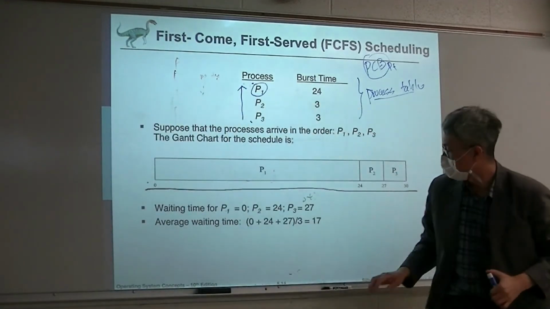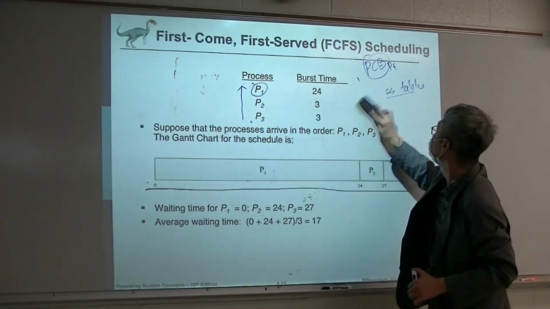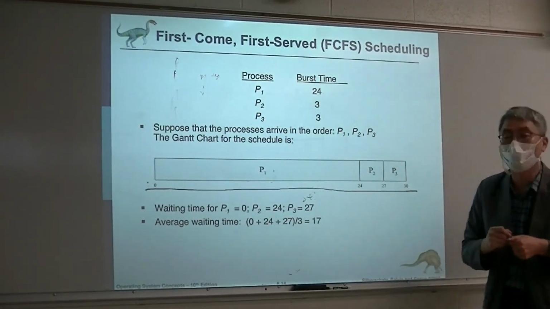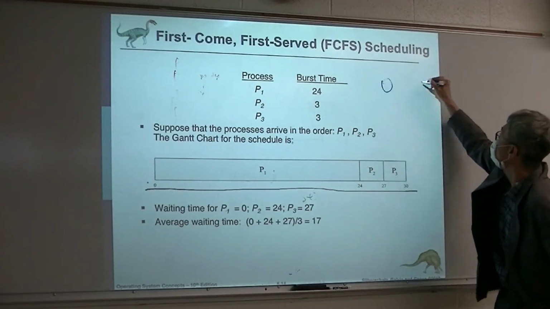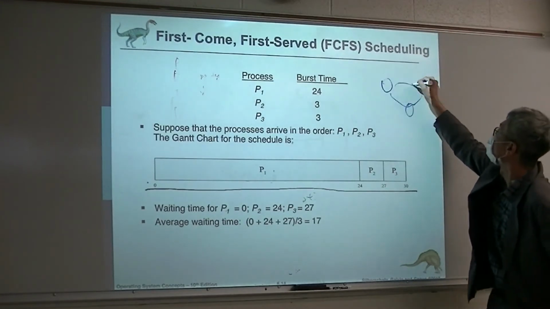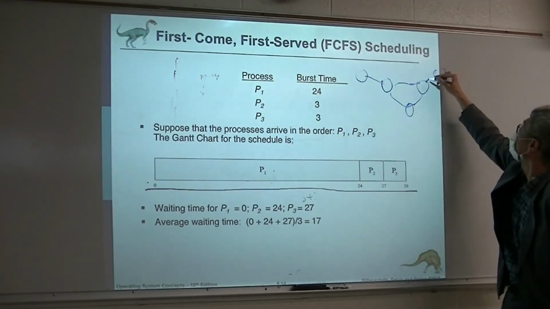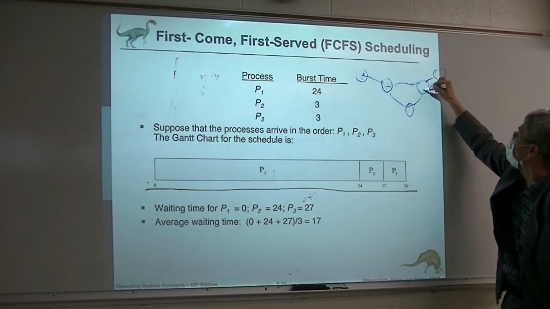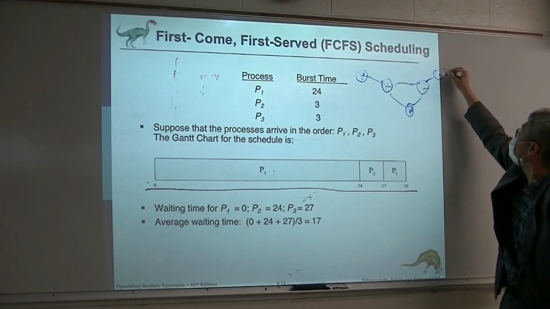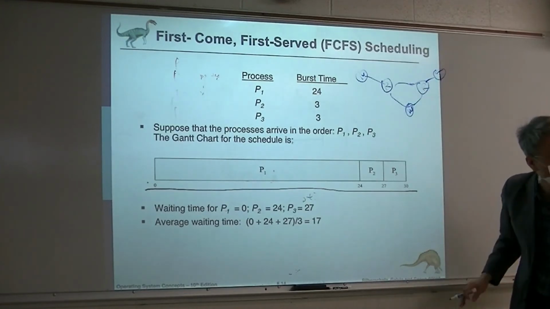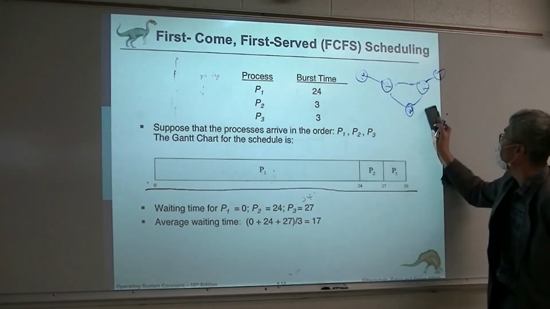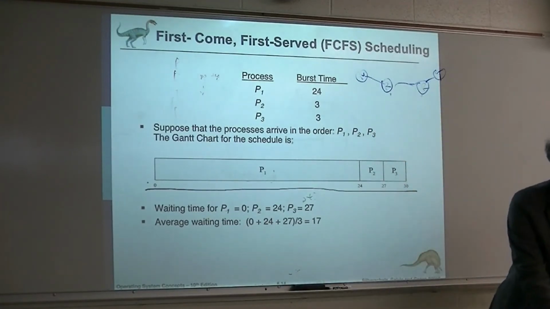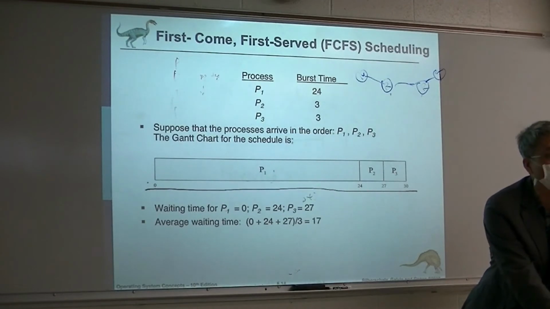From now on, whenever we discuss such a CPU scheduling algorithm, let me illustrate again. This is new, this is ready, this is running, this is wait, this is terminate. To simplify, we are not going to consider the I/O wait. Only the CPU burst time.